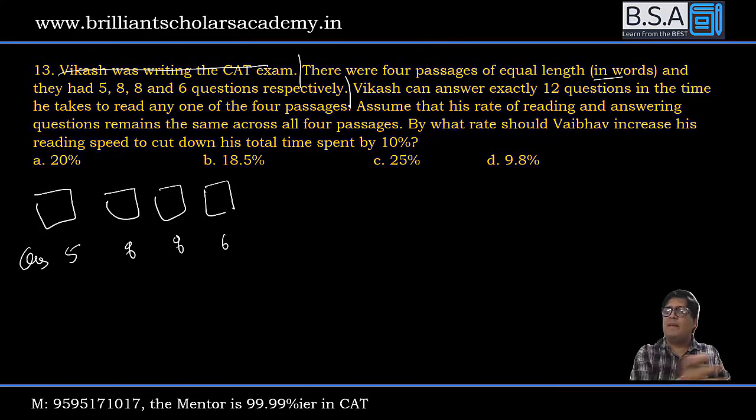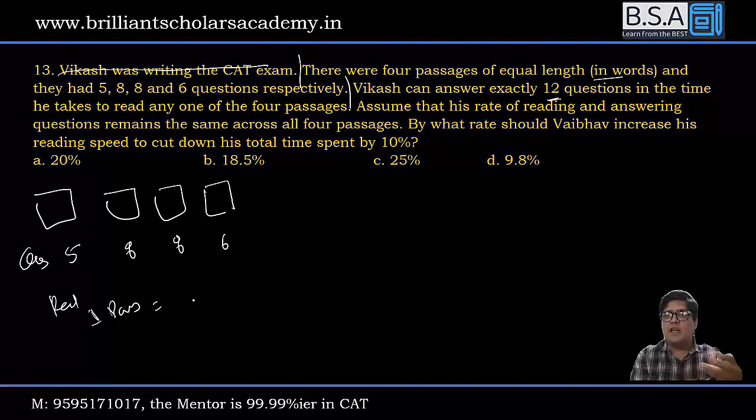Break it down. I have seen all this. Vikash can answer 12 questions in the time he takes to read one passage. So reading one passage is equal to answering 12 questions.